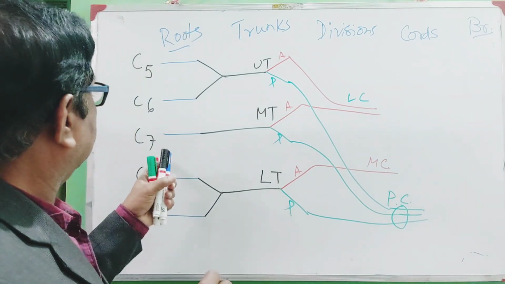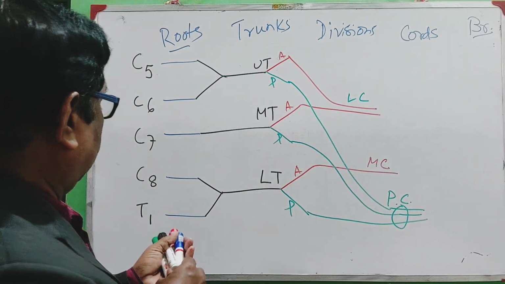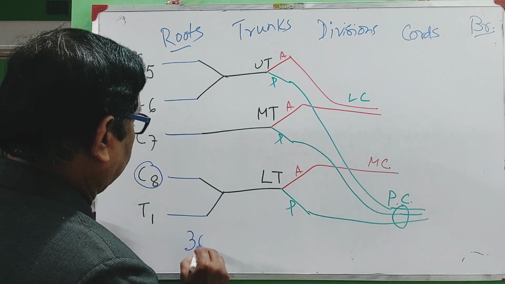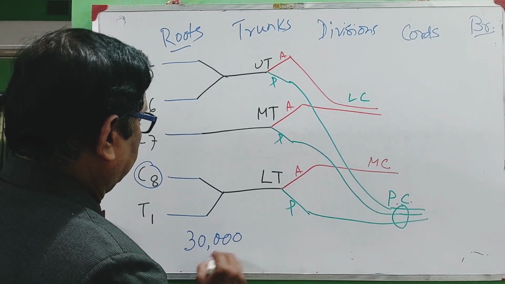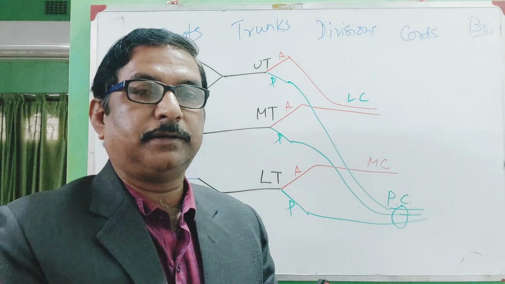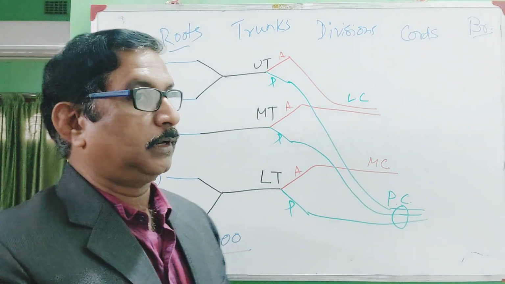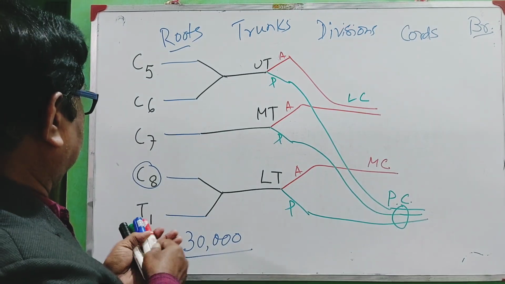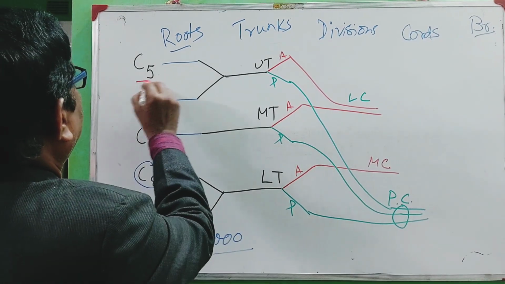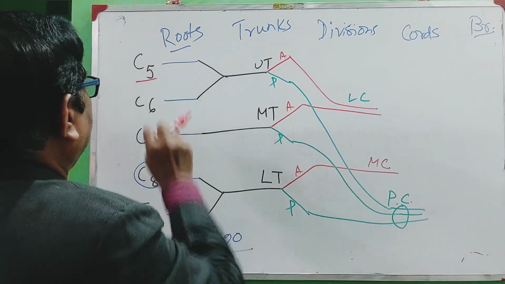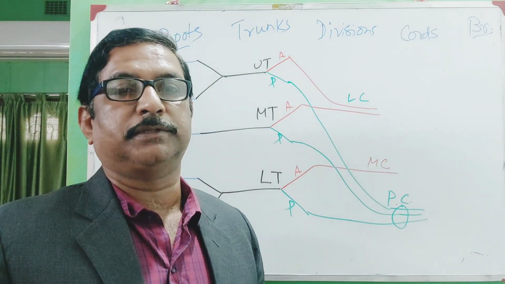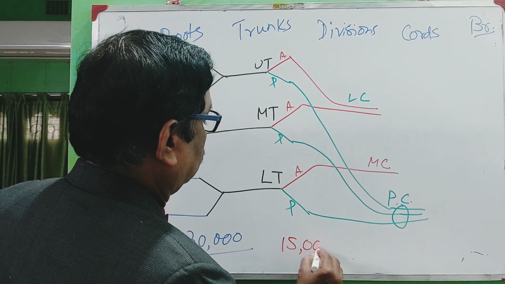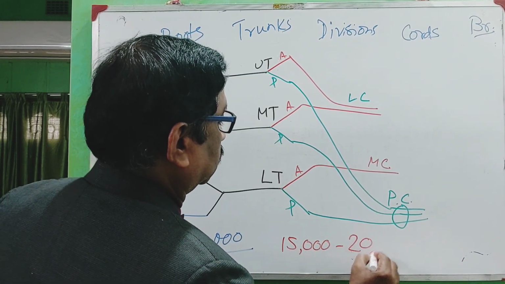Even this particular C8 may contain about 30,000 myelinated axons. And C5 and T1 contain the lowest number of fibers, and the number may be from 15,000 to 20,000.